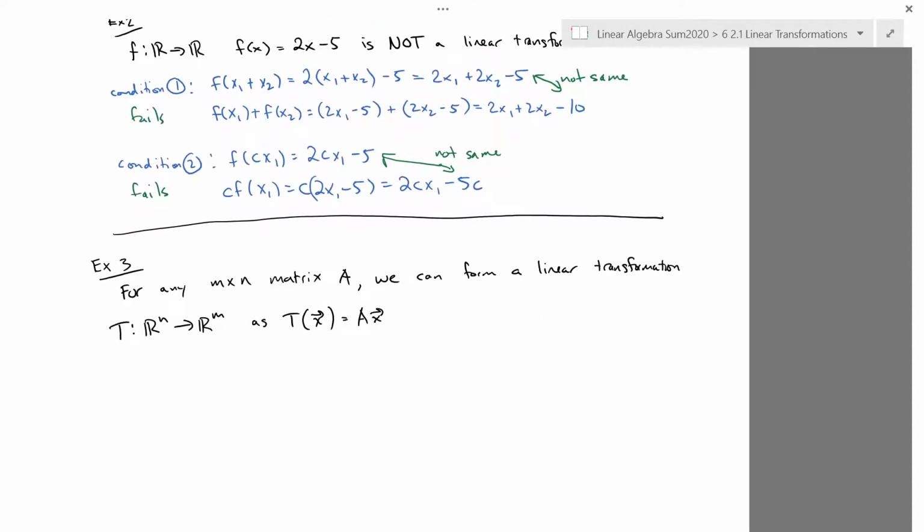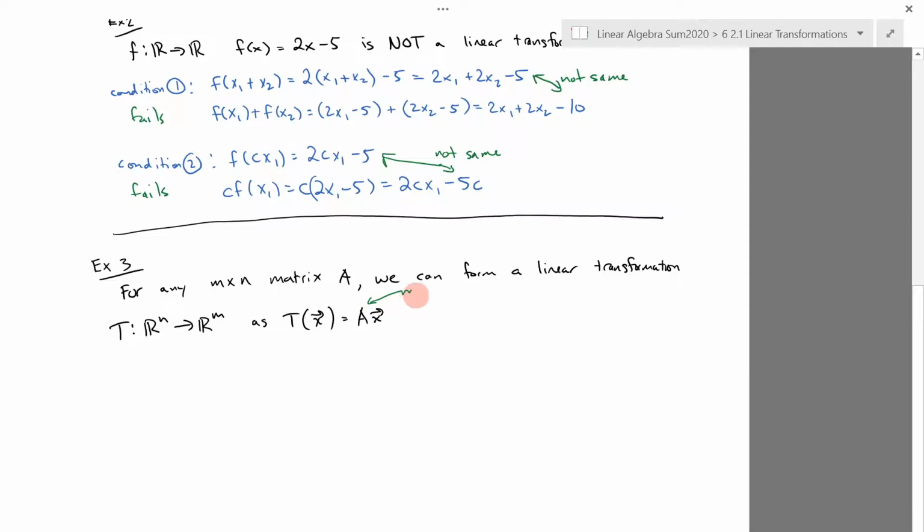Okay, so in example 3, we look at another kind of linear transformation. If we have our domain as the vector space Rn and the codomain as the vector space Rm, then we can form a linear transformation using any matrix A and performing the matrix multiplication like this.